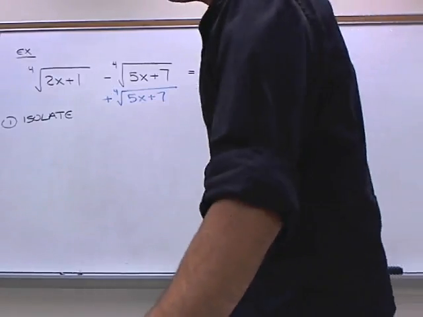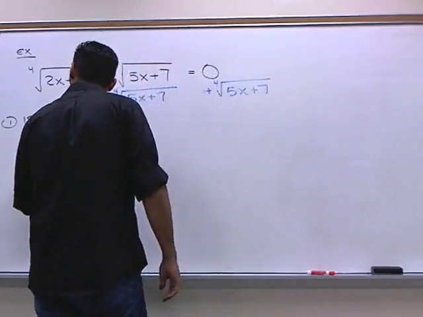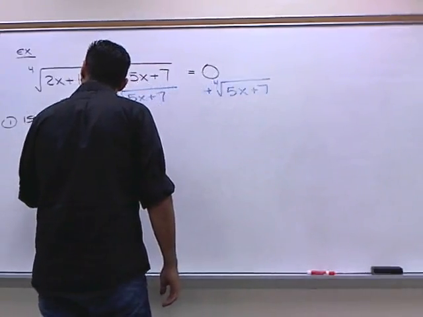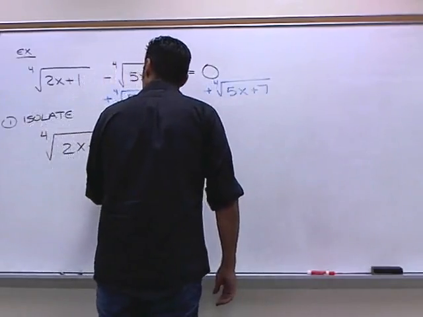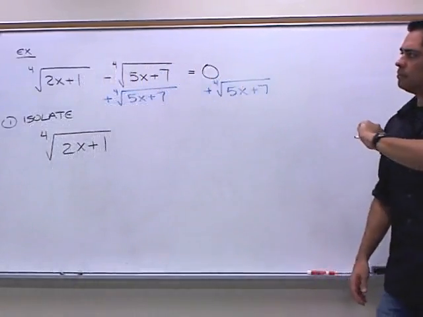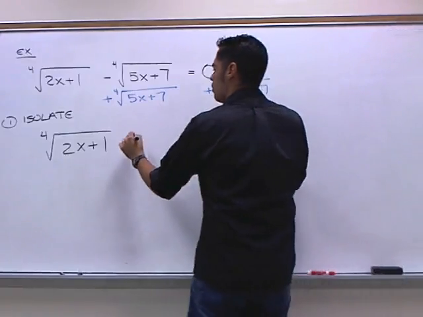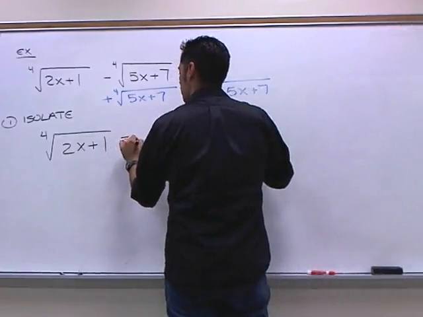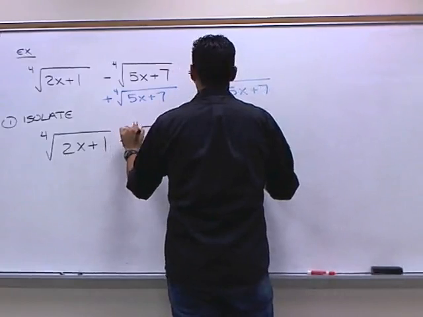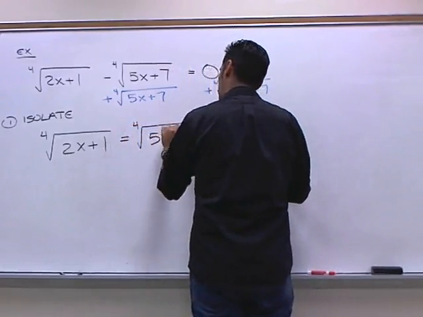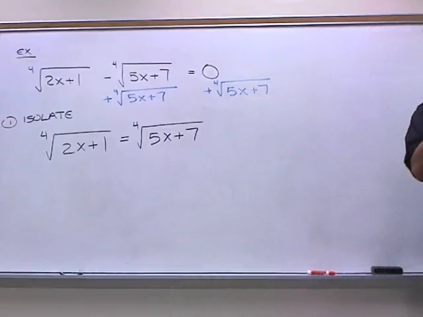All right, so my new equation will be fourth root 2x plus 1 equals just that fourth root 5x plus 7. There we go. So I have isolated one of the roots, one of the radicals. And then I do what?